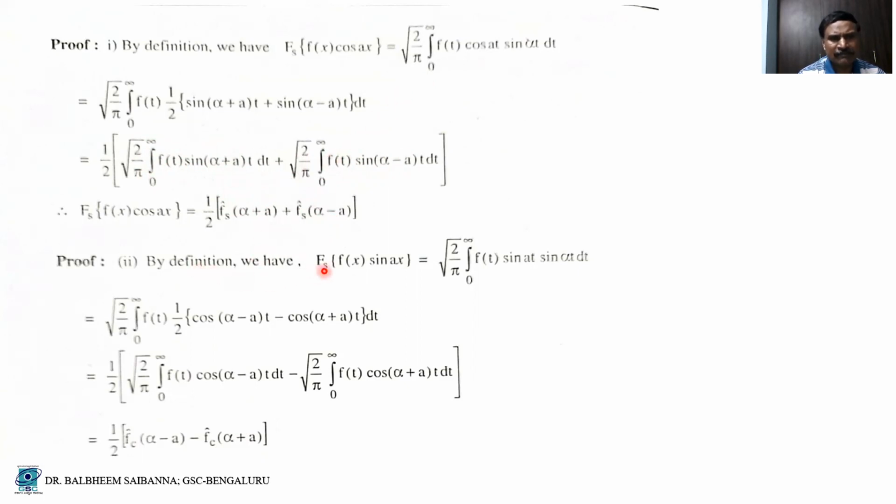Second, by definition, Fs of f of x sin ax is equal to root of 2 by pi integral 0 to infinity f of t sin at sin alpha t dt.